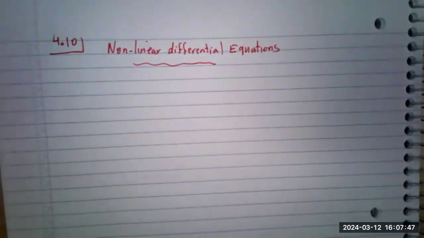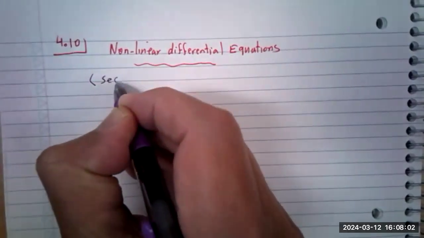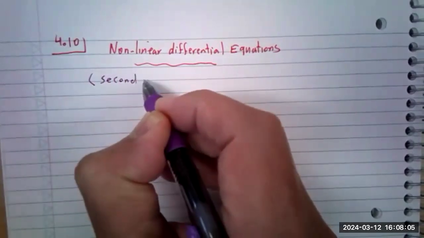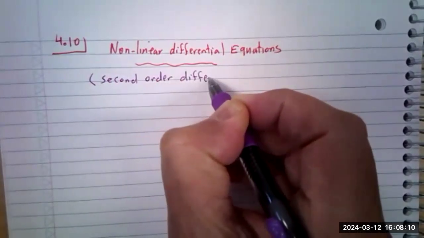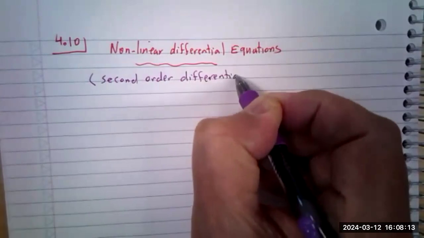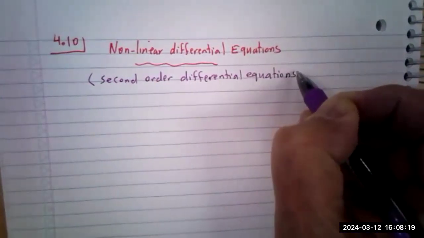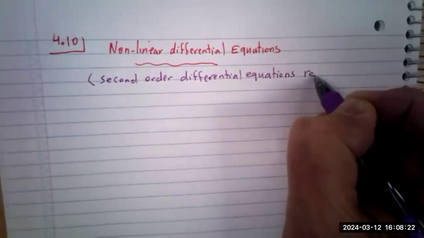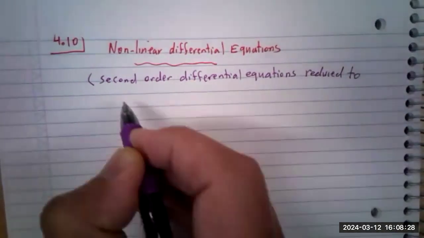So in your book, sometimes they refer to it as a second order differential equation that can be reduced to a first order equation. So I just added that title too, to give a hint. Sometimes in different books, they talk about second order differential equations that can be reduced to equations of the first order.